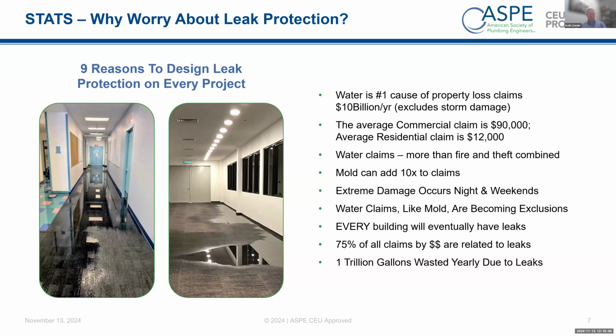You've already got the locations marked out. You've already got the piping set up to do strategic shutoffs at the necessary high-risk locations. And it's a very simple operation to go in and add those back into the project if you've done it up front. And then 75% of all the claims by dollar amount are related to leaks.